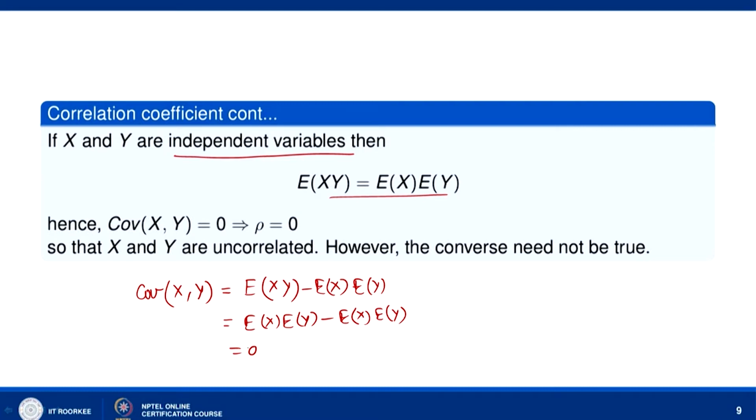gives us covariance of x y equal to 0. Now, covariance of x y is equal to 0 means rho is given by covariance of x y divided by sigma x sigma y, okay. So, when covariance of x y is 0, rho equal to 0. So, if x and y are two independent random variables, then x and y are uncorrelated, okay.